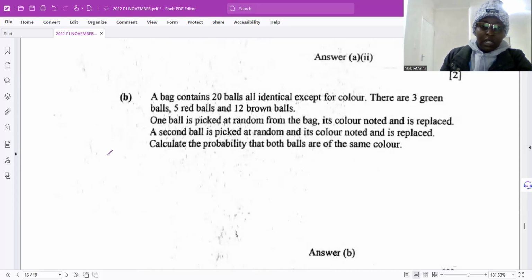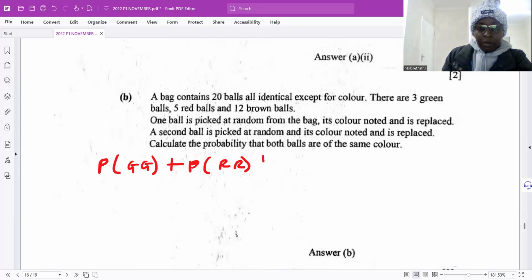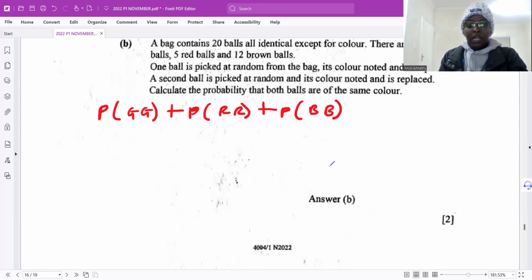So it means the probability is basically the probability of green, plus the probability of red, plus the probability of brown. So that's how we are going to answer this.